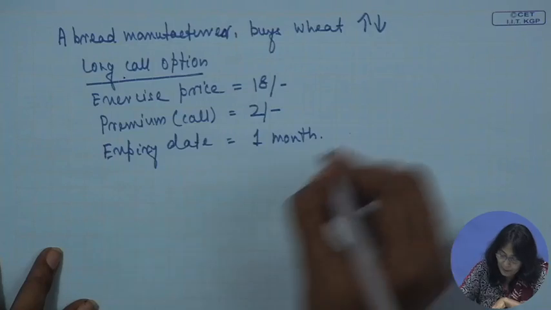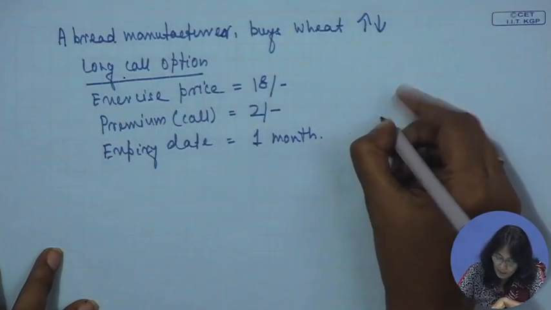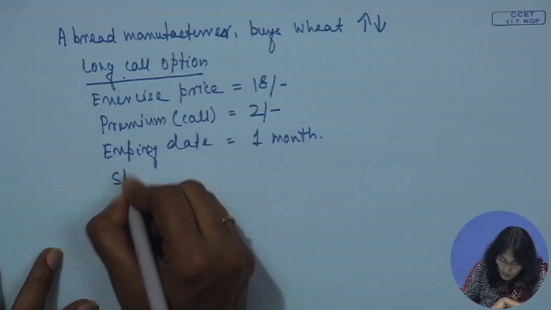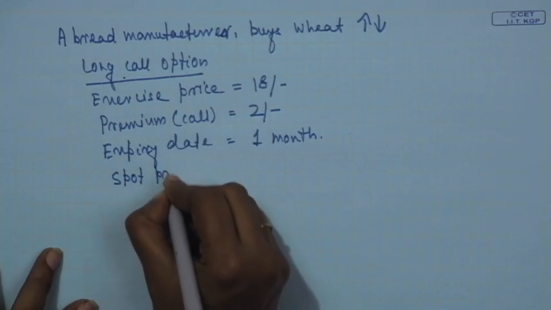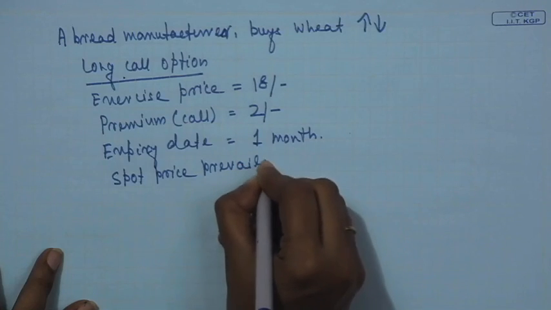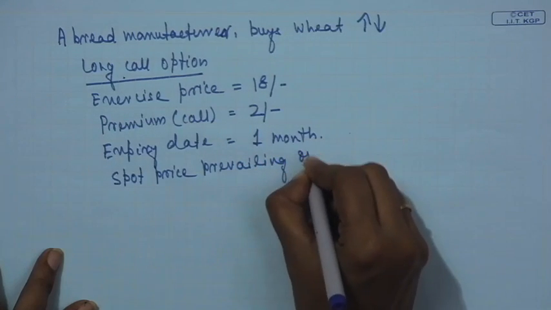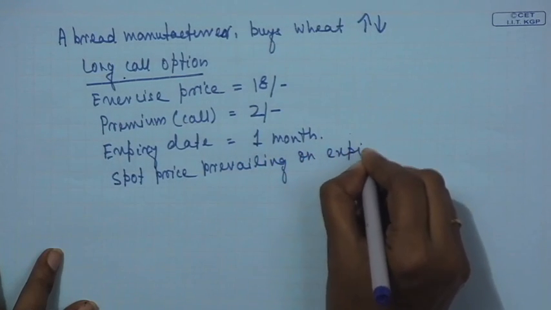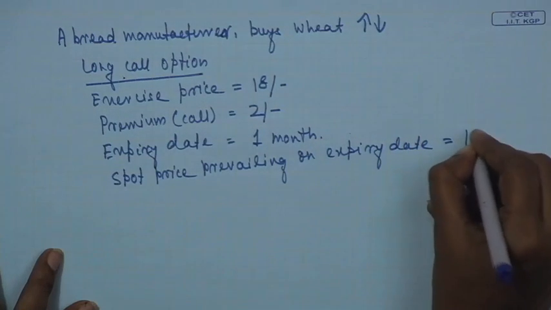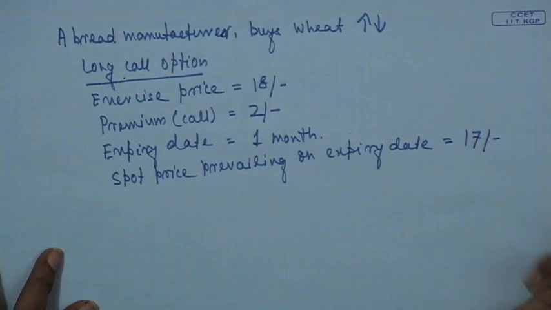Now let's take different prices. Let's say in the prevailing spot market on the expiry date, the spot price prevailing is 17 rupees.